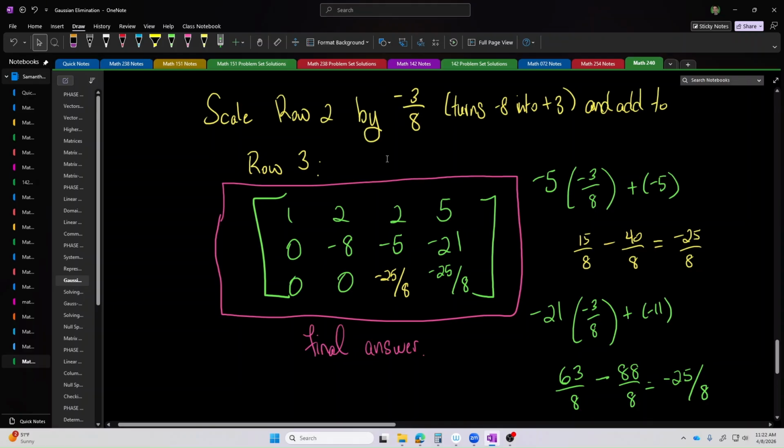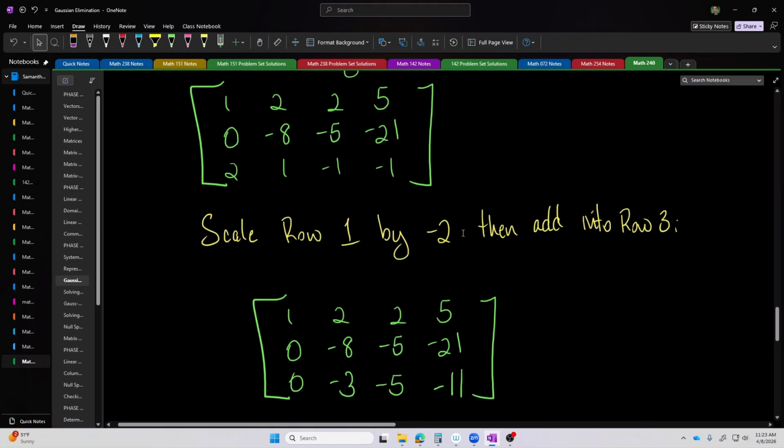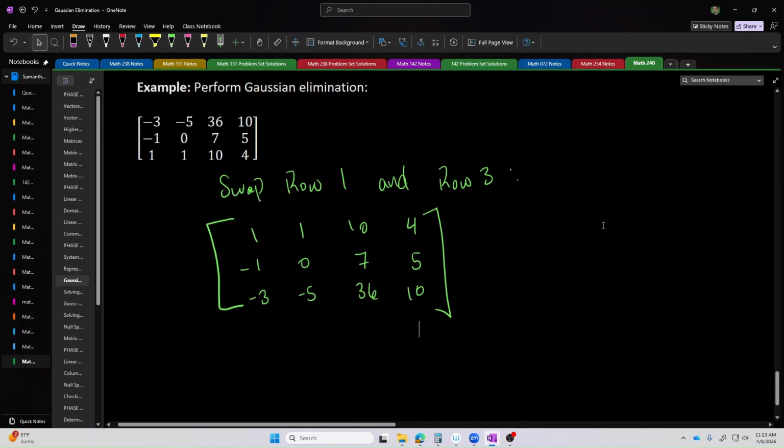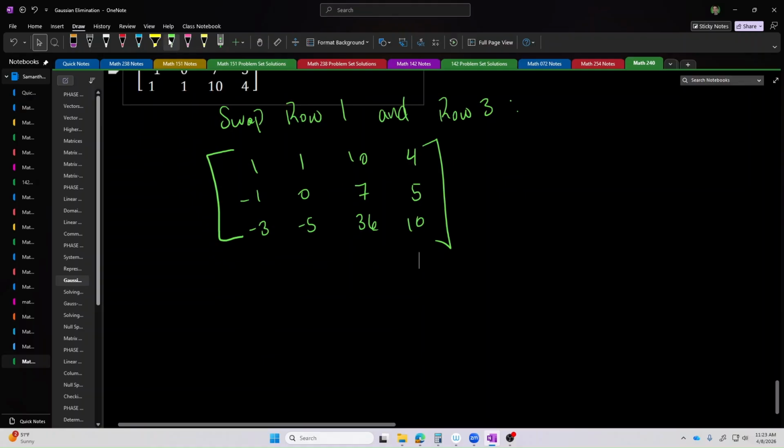So in order to avoid scaling by fractions, in order to be able to scale by integer values, I like to swap the rows around so that there is a 1 in the pivot position if possible, because it just makes the arithmetic easier.